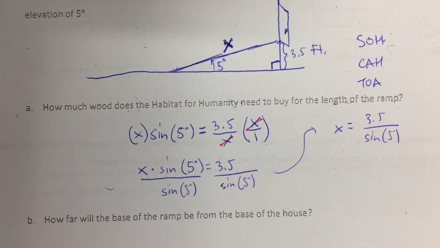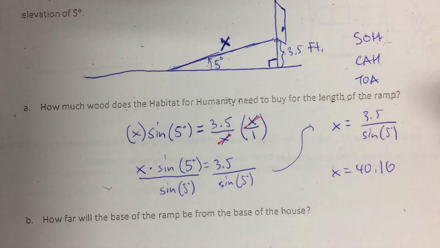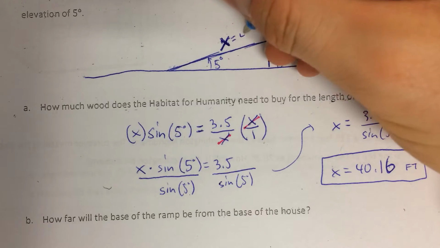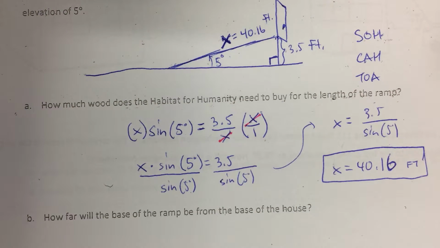And if you do that, you would get x is equal to 40.16, rounding, feet. So putting in 3.5 divided by sine of 5, we get 40.16. So we now know that the length of the ramp would be 40.16 feet.